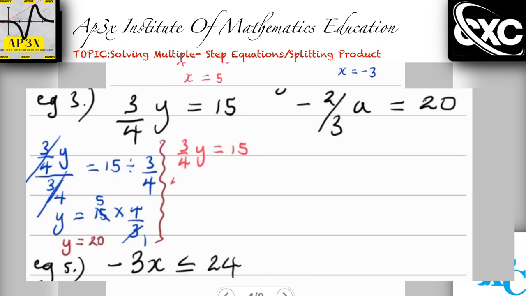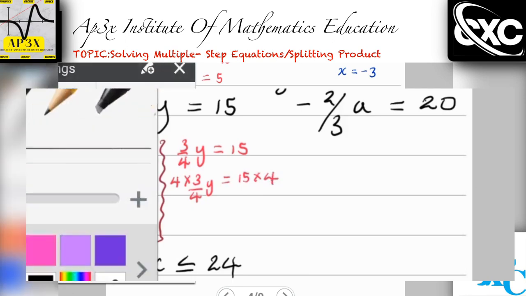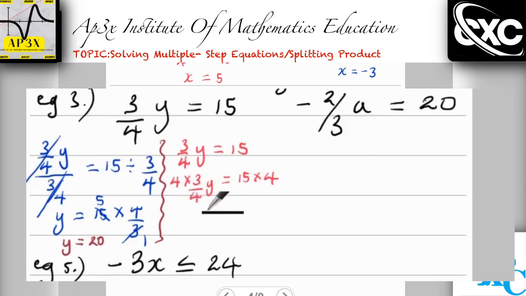So we're going to have 4 multiplied by 3 over 4 y, and that's going to be equal to 15 multiplied by 4. Okay, so by multiplying both sides of the equation by the denominator, this 4 will cancel this 4, and we're now left with 3y, and that's therefore equal to 60.